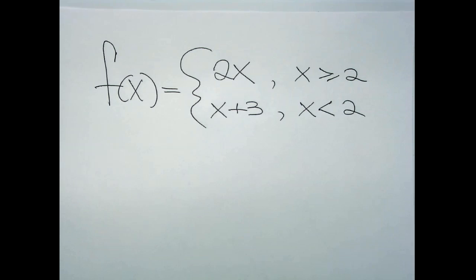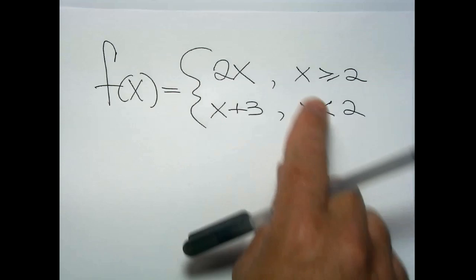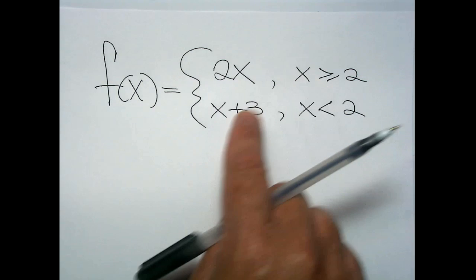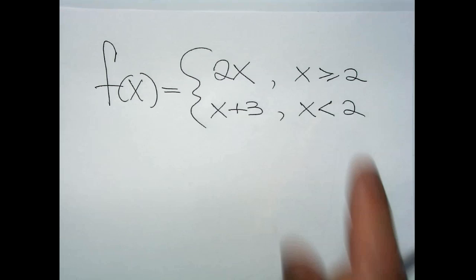Now, a piecewise defined function is basically a function that is defined for different intervals in our x domain. So in this particular example, we would use this function for all x's that are 2 or greater. We would use this function for all x's that are less than 2.